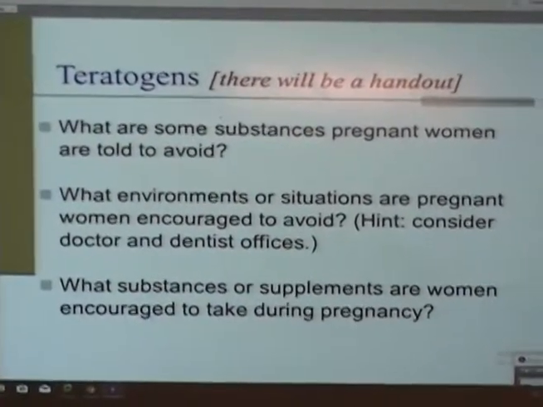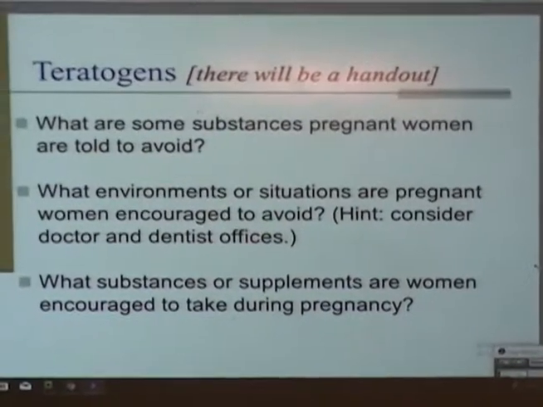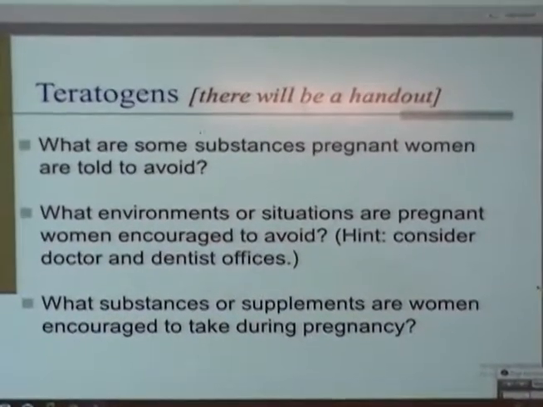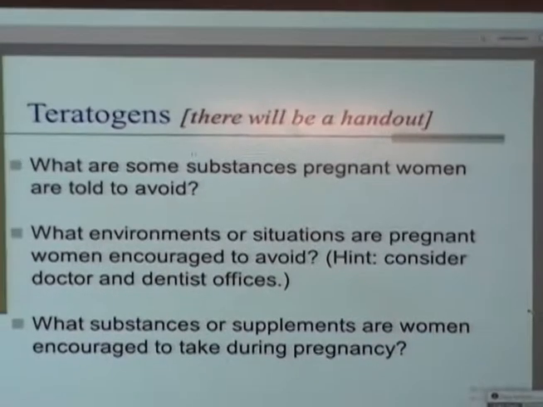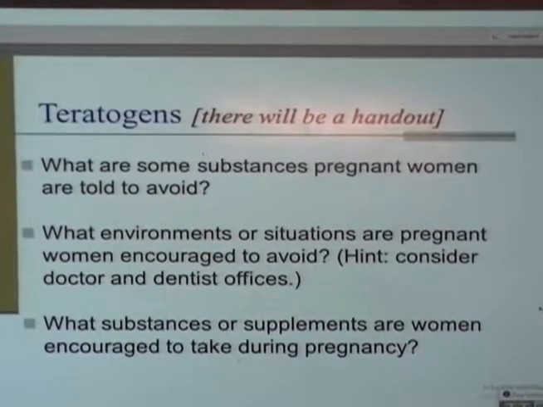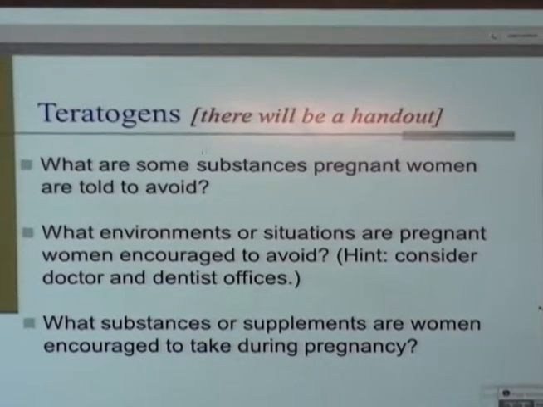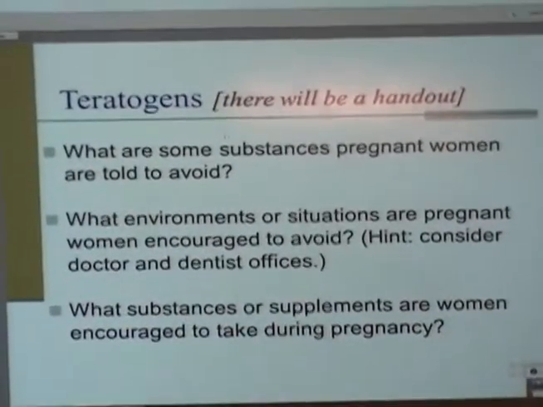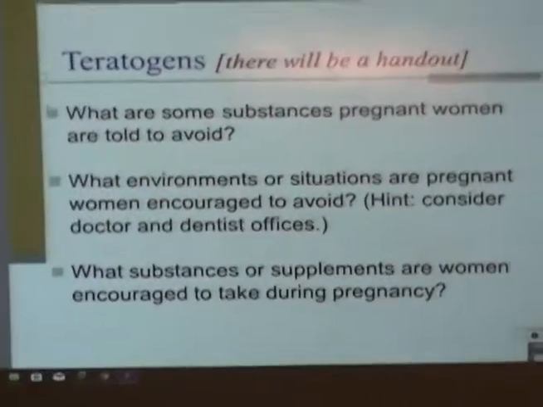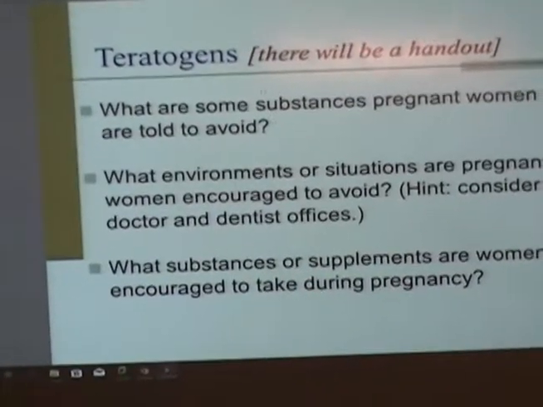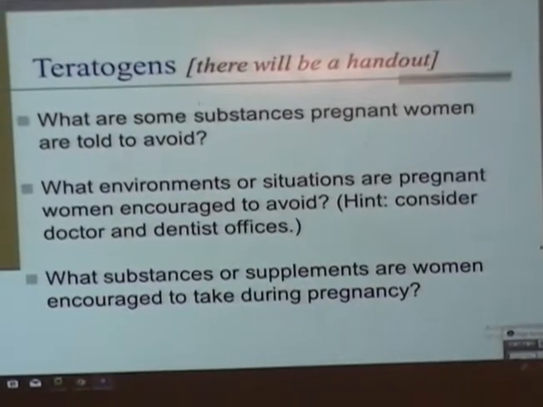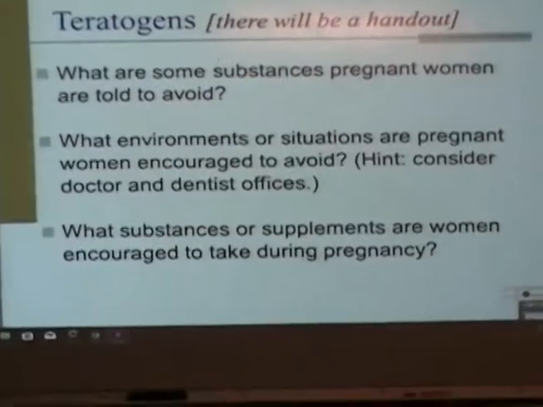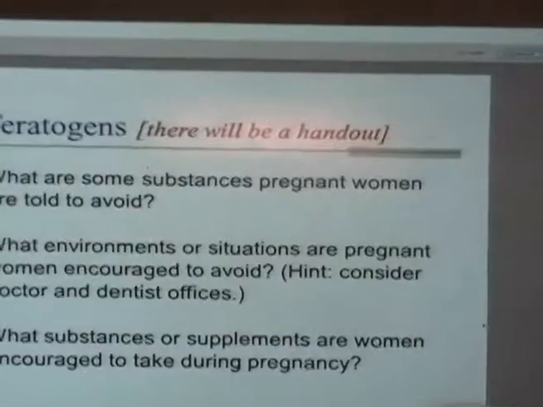So, women who drink a lot during pregnancy can give birth to a baby who has fetal alcohol syndrome. And FAS babies tend to have small brain sizes in comparison to their body.